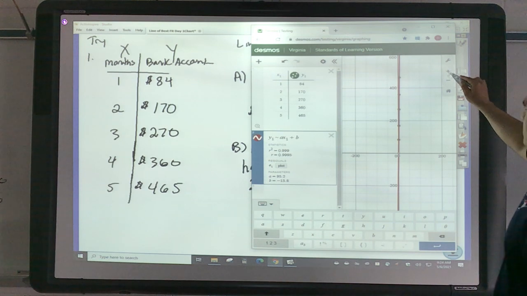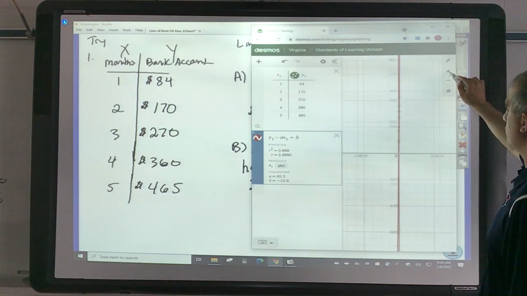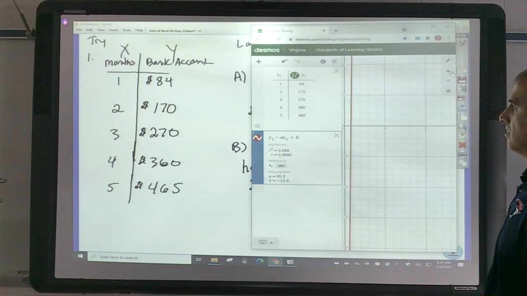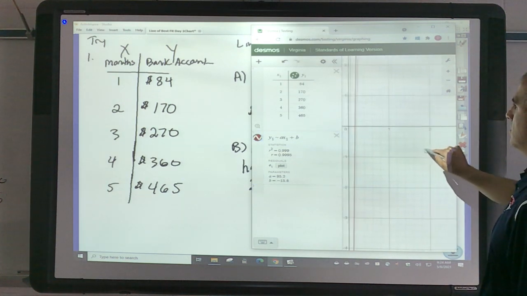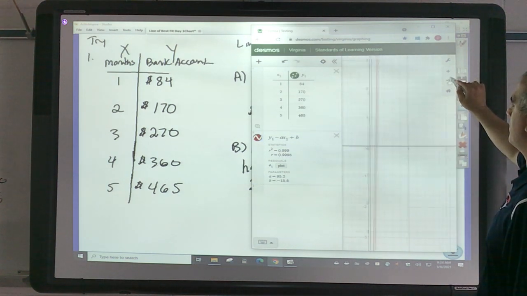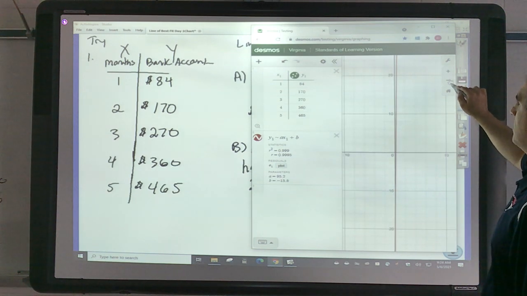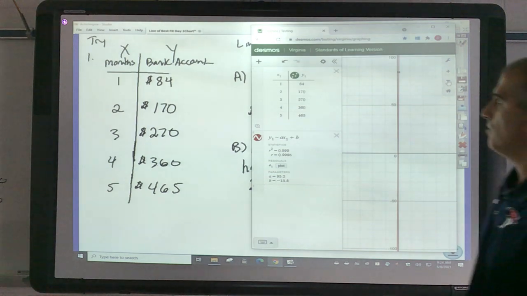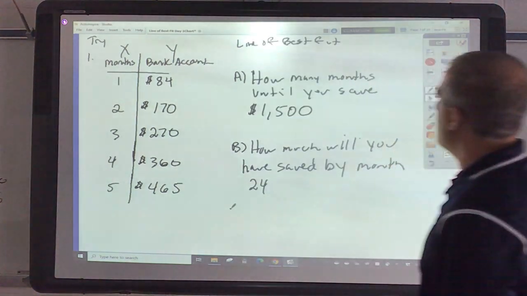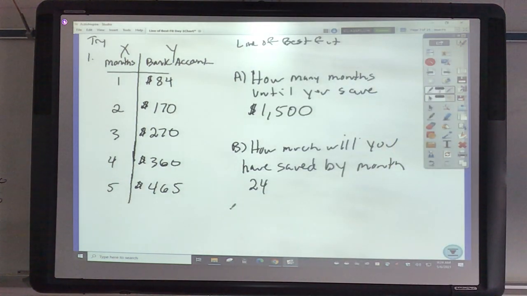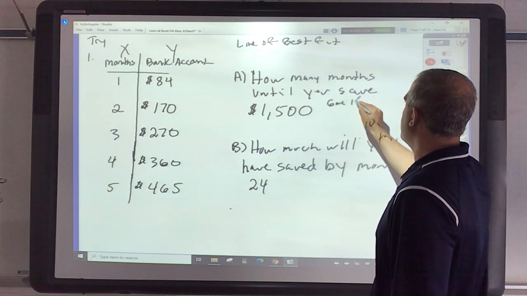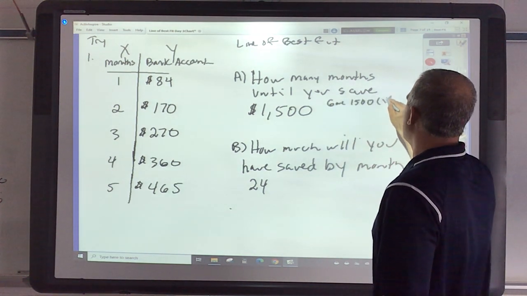Now I might zoom in to see my numbers, or zoom out. All right, what do I got here? It says, how many months until you save $1,500? So they gave 1,500, and that is the y.